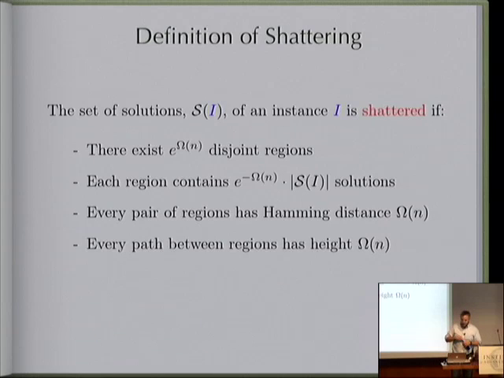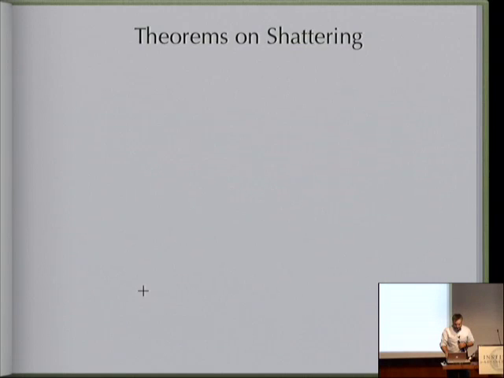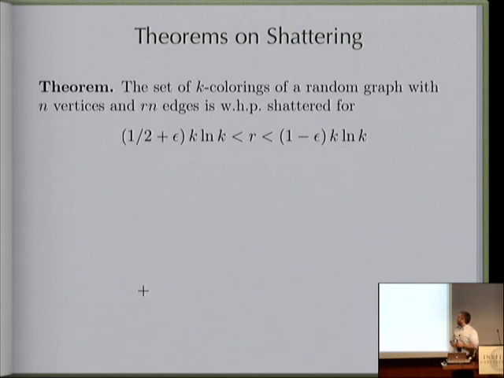So now with this definition and picture, here is one theorem about graph coloring. It basically says that up to 1/2 times k log k, a very simple algorithm finds solutions. Above k log k, there are no solutions.